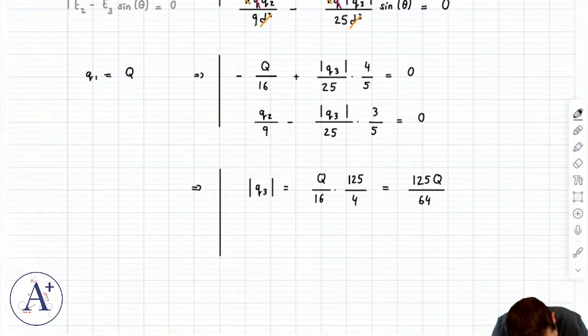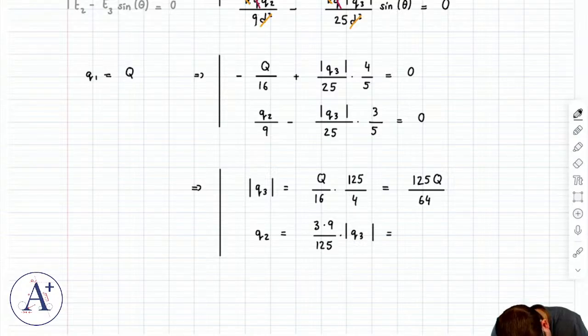Convenient because I need it to get Q2, right? So Q2 is going to be 3 times 9 over 125 times absolute value of Q3, which is 27 over 125 multiplied by 125 Q over 64.